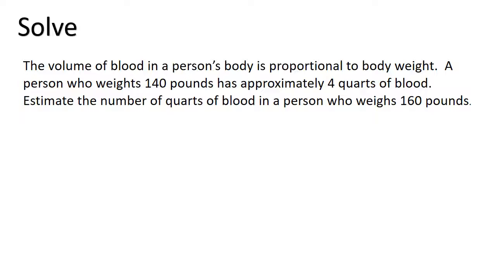Now, another useful way to use proportions is in an application. Here we're told that the volume of blood is proportional to a person's weight. So we can actually demonstrate blood to weight in a fraction form, or weight to blood in a fraction form. It doesn't matter which one you put in the numerator or denominator as long as you're consistent.